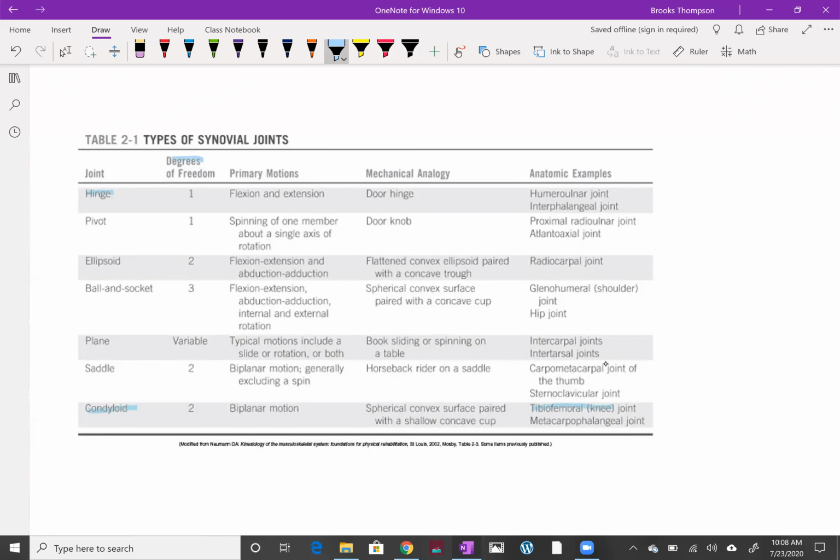Look at these degrees of freedom. These are your planes of motion that it moves through. So we have that video on different planes and axes. So this is what it's talking about. A hinge joint moves through one plane. And if you think about the elbow flexion and extension, what plane does elbow flexion and extension move through?